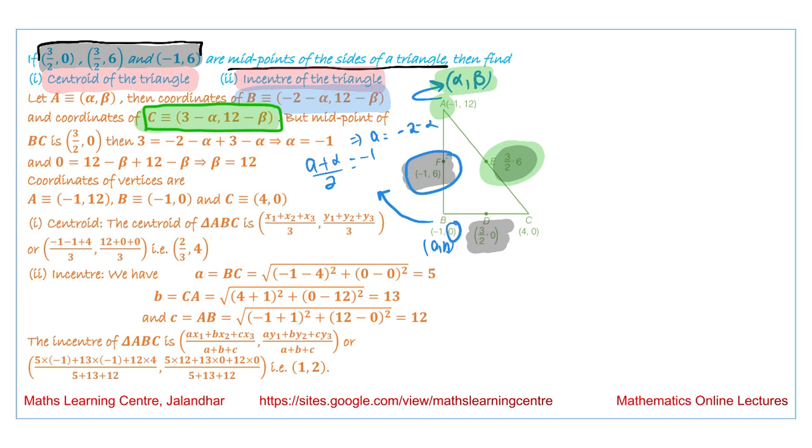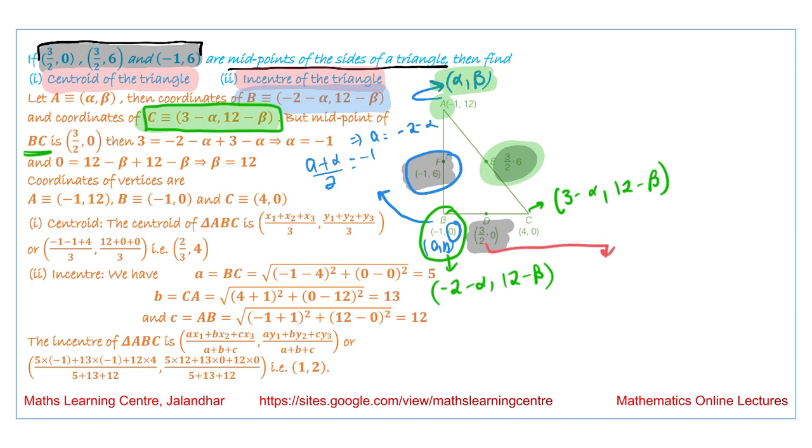Now for the midpoint of BC, we have the coordinates of this point B as (minus 2 minus alpha, 12 minus beta) and of this point C as (3 minus alpha, 12 minus beta). Using these 2 points, the midpoint we get is (3 by 2, 0).